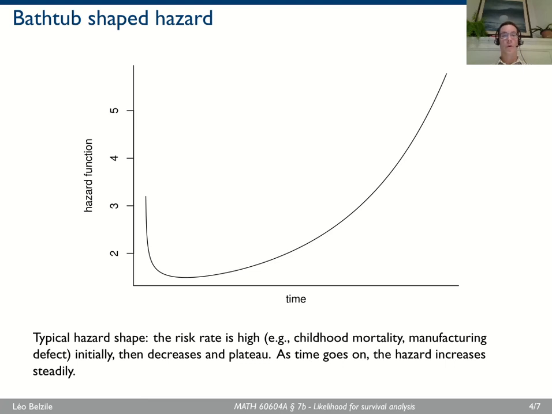Or if you're thinking about manufactured goods, there are defects and initial failures, and then if it hasn't failed early on, it's unlikely to fail, and the risk is low for some time, so the hazard is low and sort of constant, and then it gradually goes up as time goes on. If you think about people, this curve would be a bit stretched, with a very long streak from maybe age 5 or so until age 60 where people are not so likely to die, and then it goes steeply up and increasing.